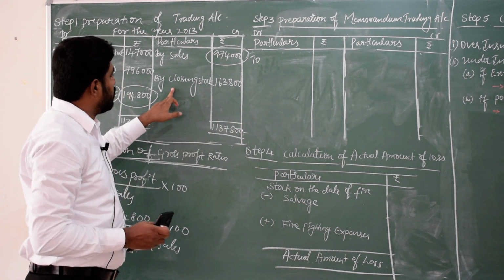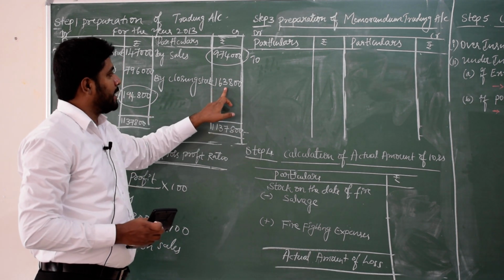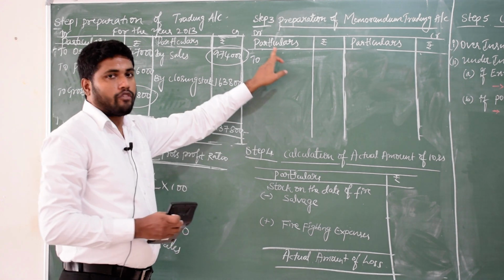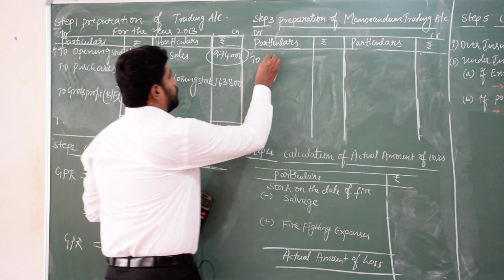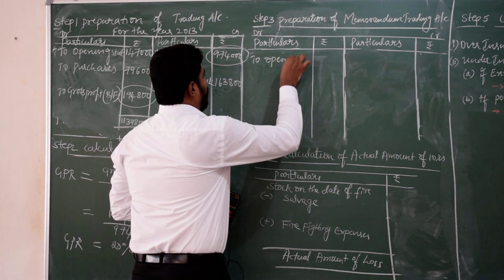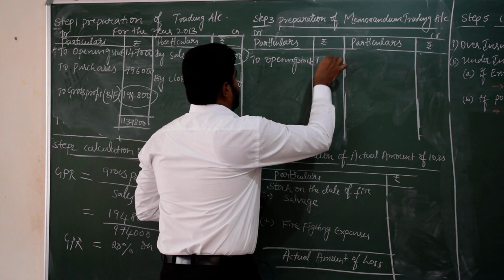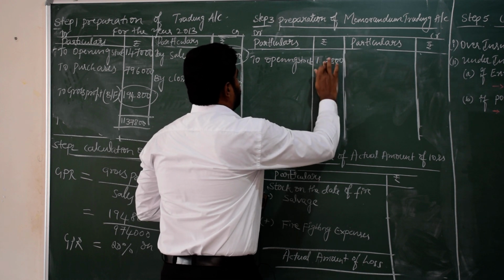So previous year closing stock is 1,63,800. This closing stock will become opening stock for next year. So to opening stock 1,63,800.